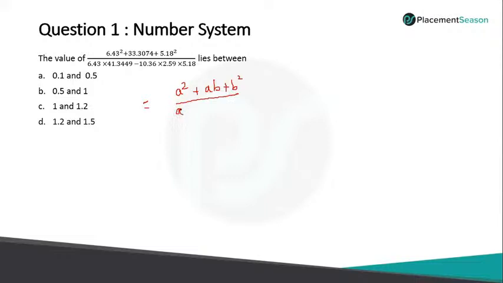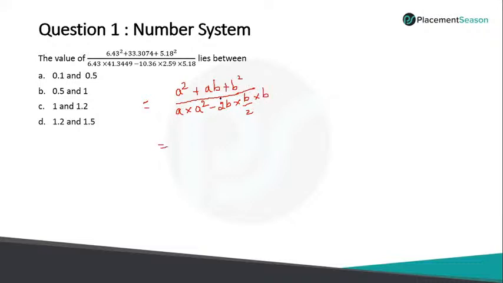It is a, and 41.3449 is nothing but the square of 6.43, so a square, minus, what is 10.36? You can easily compare with 5.18. It is nothing but double of 5.18, so 2b, into, and 2.59 is only half of 5.18, so it should be b by 2. Then the last 5.18 is directly b.